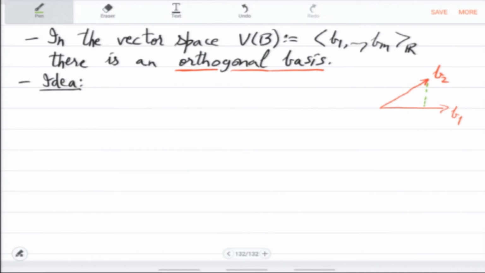When you subtract it, you get this vector, which is the component of B2 orthogonal to B1. Call this B2 star, and let us call B1 B1 star.